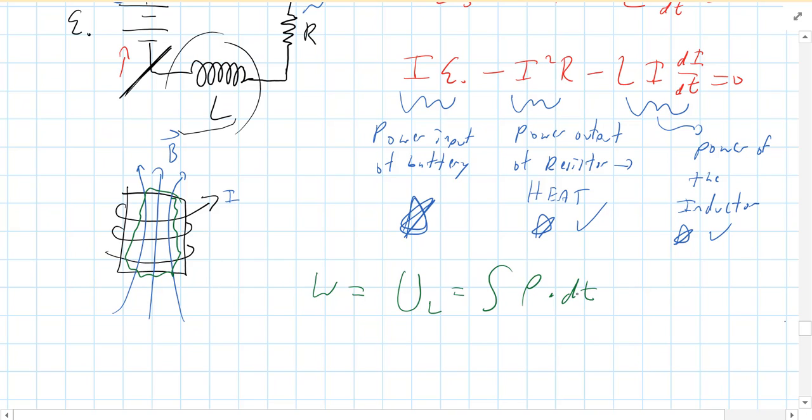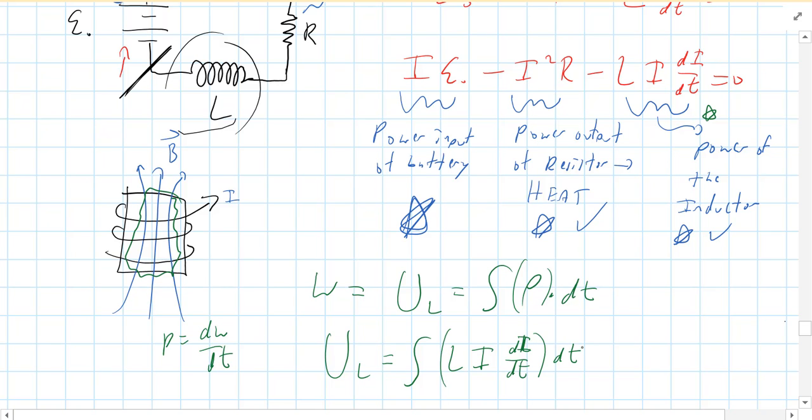So knowing that power is dW dt, work is the integral of power dt. All right, so we're going to integrate this term. So L i di dt, that's your power, and then times dt.